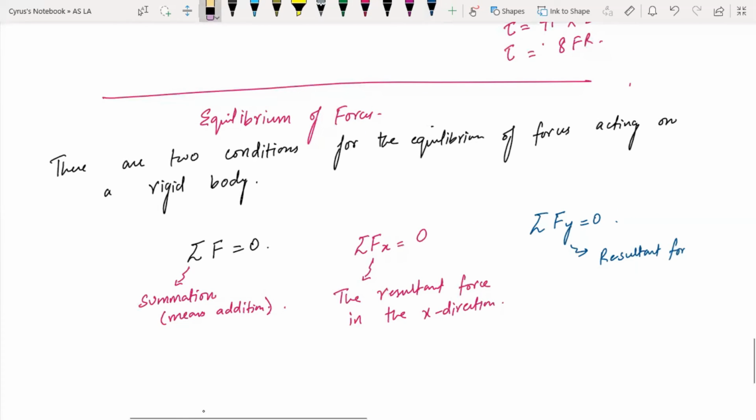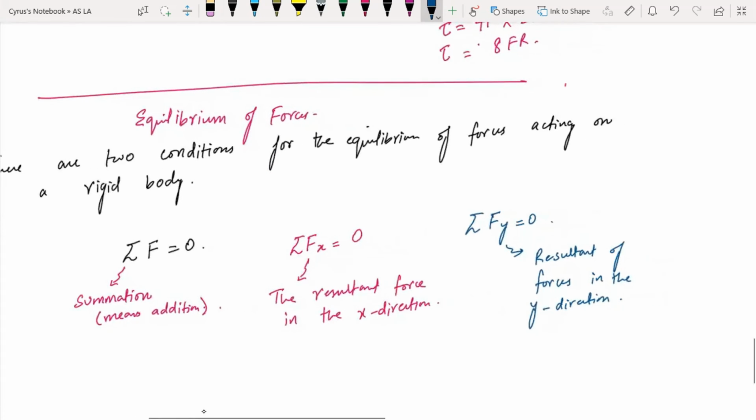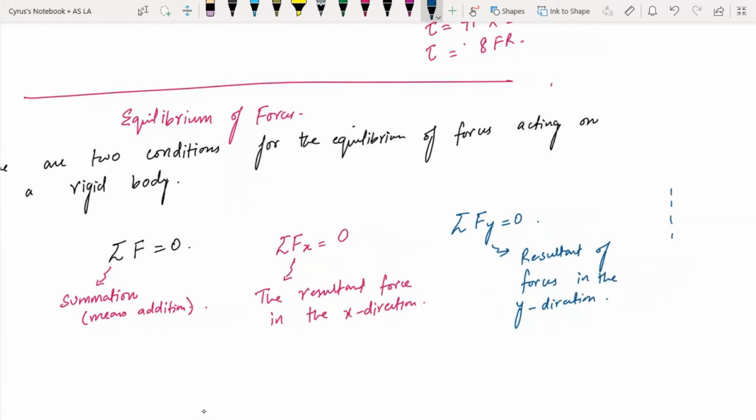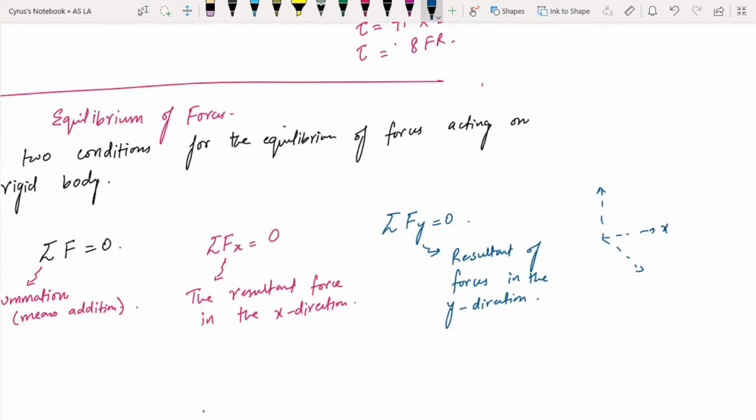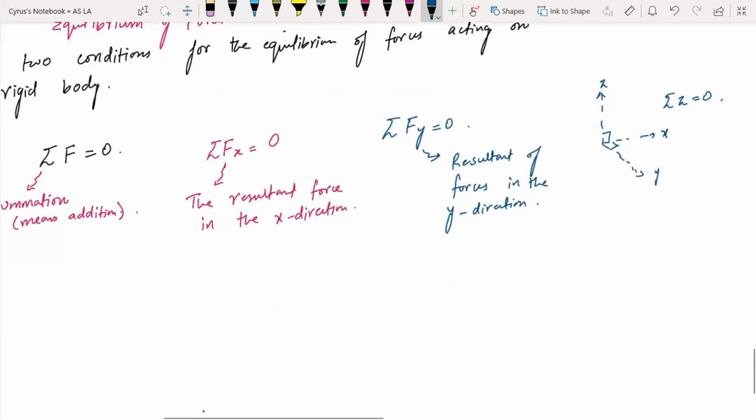Resultant of forces in the, or in case अगर z direction भी आ जाए 3D में, ठीक है, if you have x, for example, this is x, this is y, and this is z, तो उस केस में भी जो है ना, वो summation of forces in that direction is also equal to 0. That is rare, right? In this your AS level course.